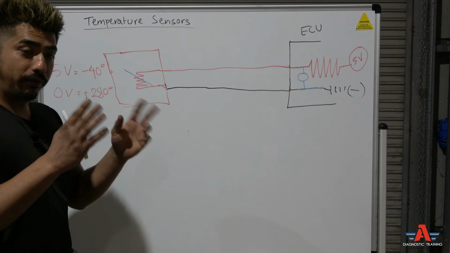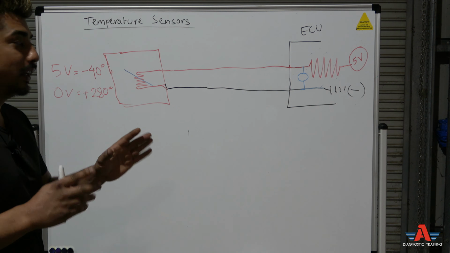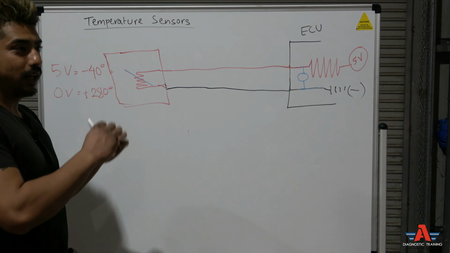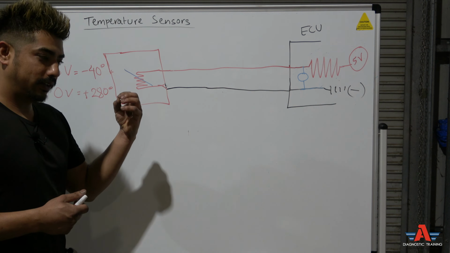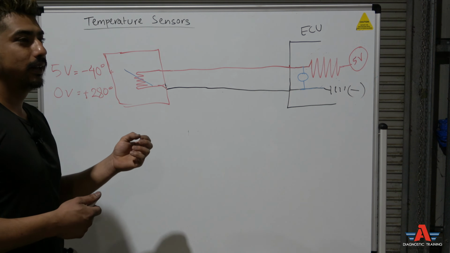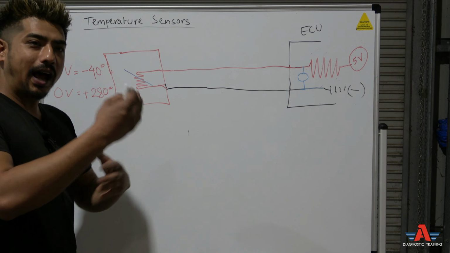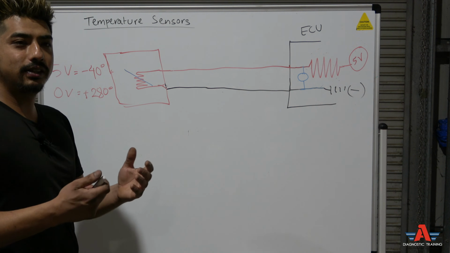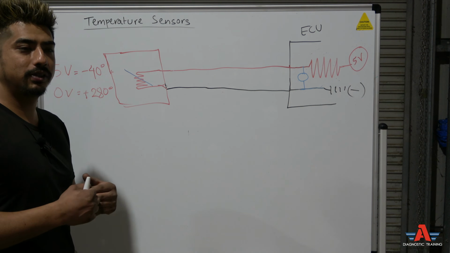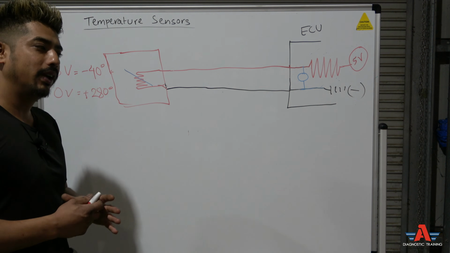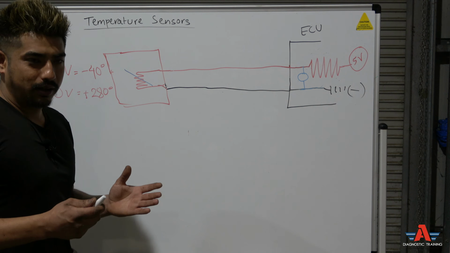There's a difference between a performance fault and a circuit fault. Usually you'll have a description on the fault code on a scan tool, like coolant temperature circuit high, low, whatever the case is. That's your circuit fault. Sometimes you'll have a coolant temperature sensor out of range, or a performance problem.